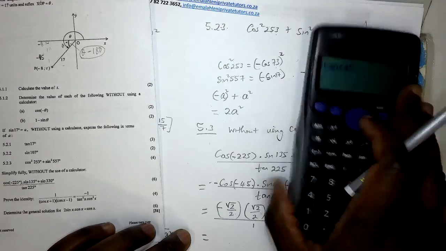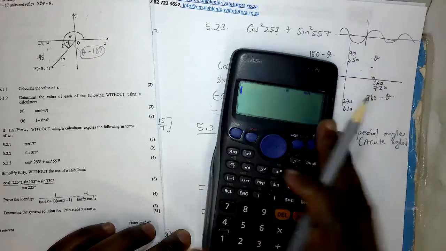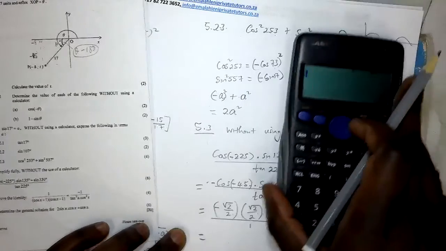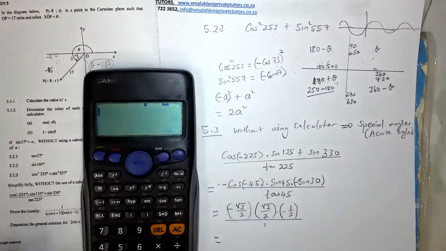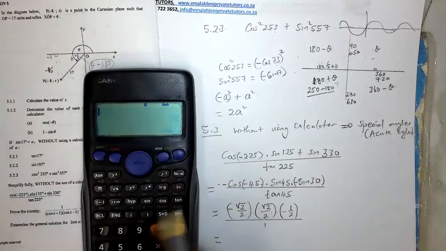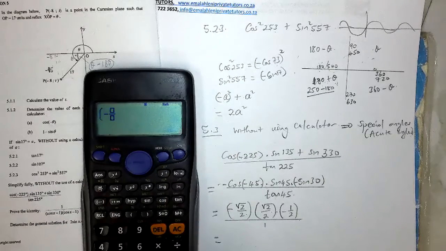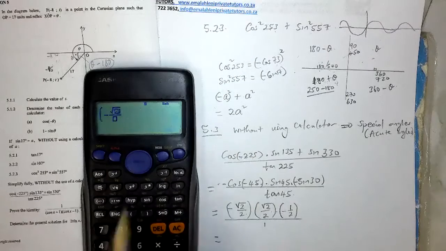Now, this one you can just punch in your calculator. You don't need to stress. Remember, here you put your brackets. You punch it as it is. Root 2 over 2.